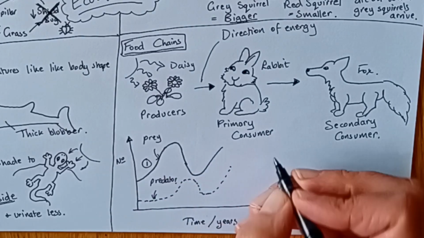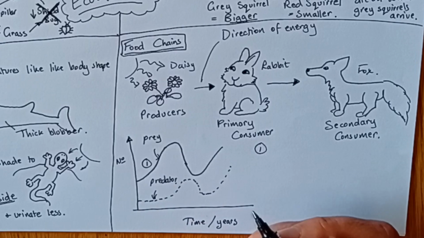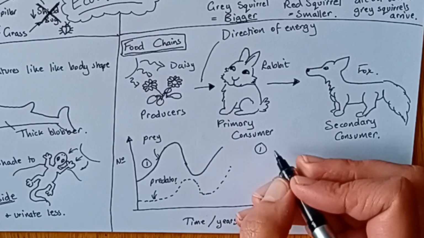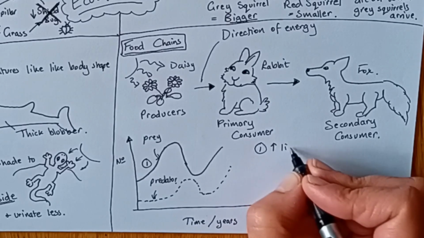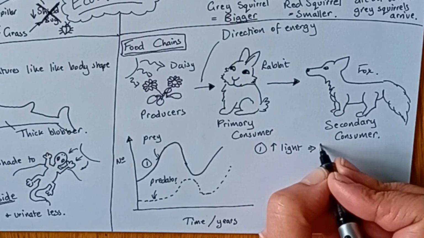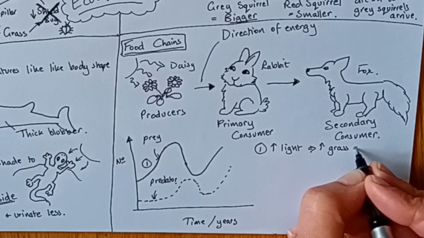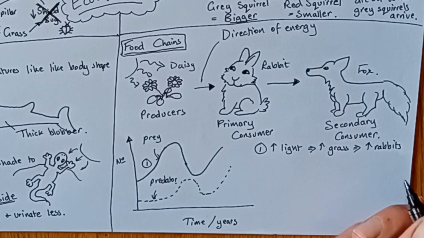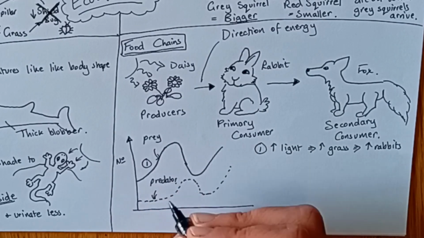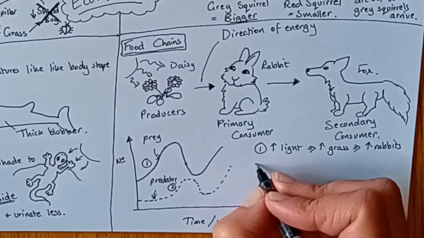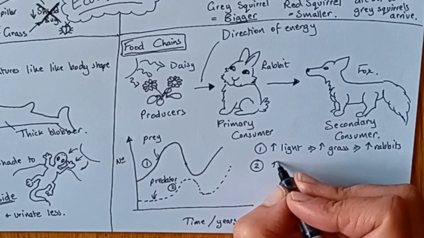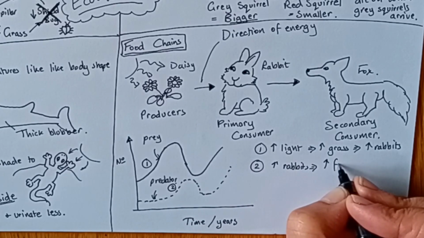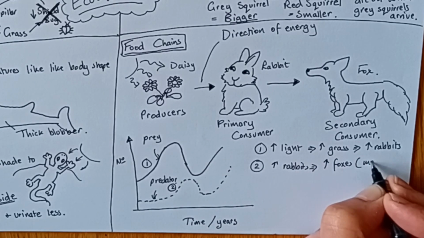So we said at first the rabbit population increase, let's say it's been a nice warm summer, lots of light, so there's been more grass growing. Increase in light leads to an increase in grass, which leads to an increase in rabbits surviving because they've got more food. If the rabbits increase, it means the foxes are going to increase. Increase in rabbits leads to an increase in foxes because there's more food.